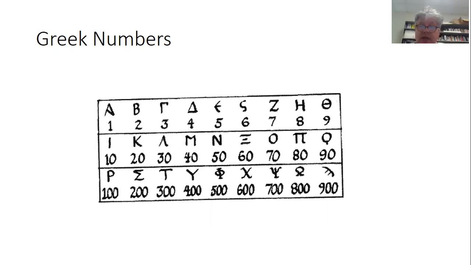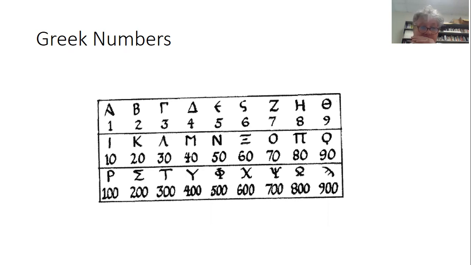And they would use a base 10 system for saying their numbers, but because of the Mesopotamian influence, they would use base 60 for their fractions.